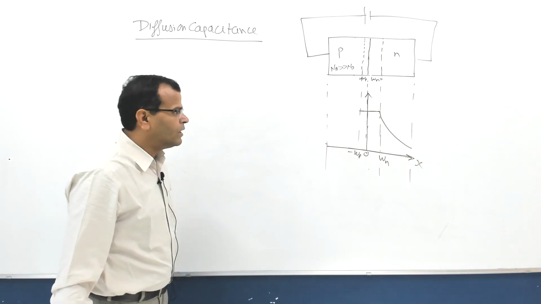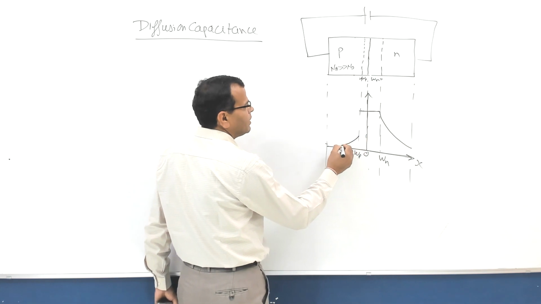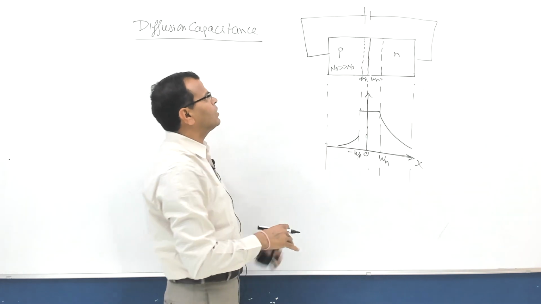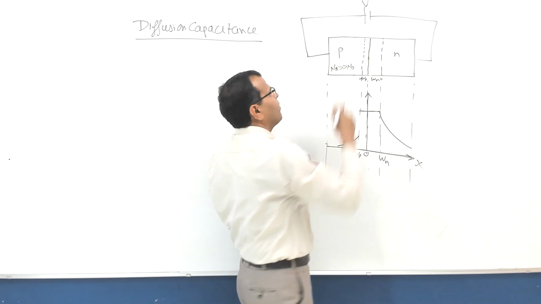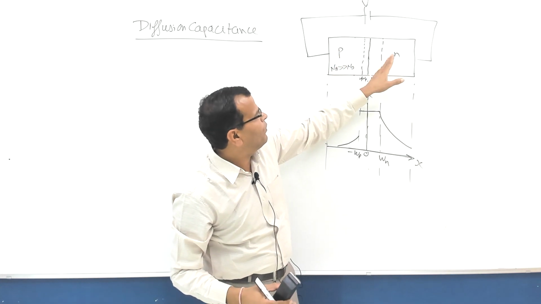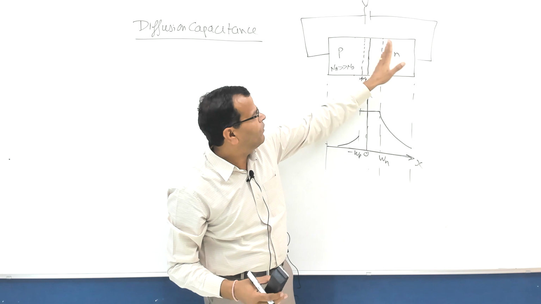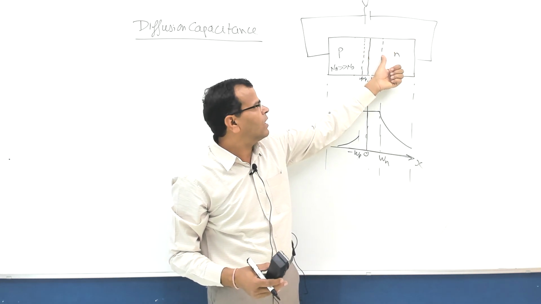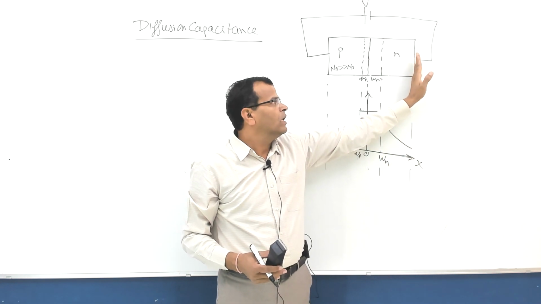If you talk about the concentration of electrons, that will also be reducing exponentially, but since this side is lightly doped and this side is heavily doped, when holes are diffused across the junction in forward bias, holes on this side become minority carriers, and these will be diffusing towards the cathode.